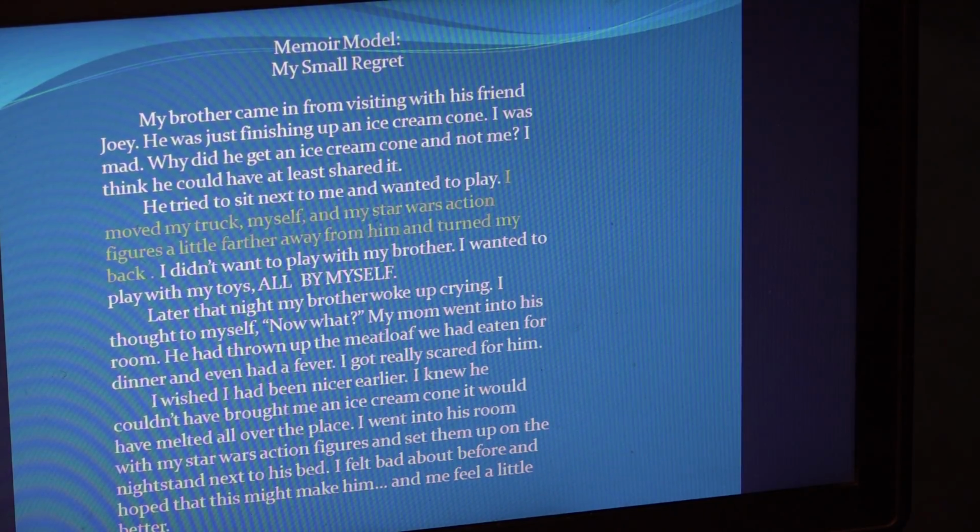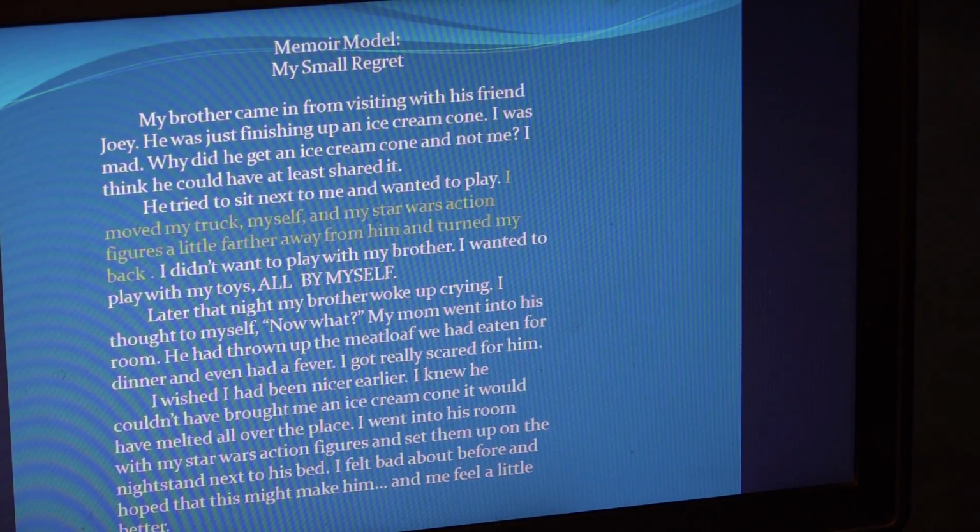That's where our teacher put Maya. And on that first day, Maya turned to me and smiled, but I didn't smile back. I moved my chair, myself, and my books a little farther away from her. When she looked my way, I turned to the window and stared out at the snow."